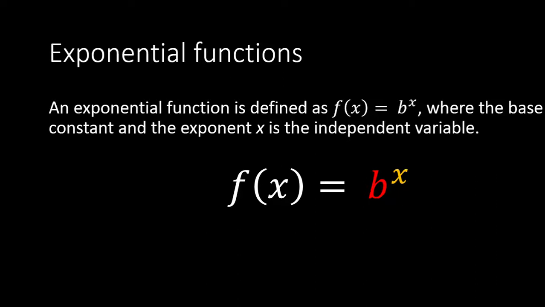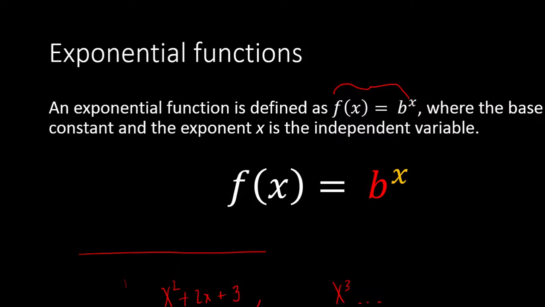Exponential functions are defined by this function, f of x equals b to the x, where b is a base or a constant and x is the exponent. Notice that this is different from what we are used to seeing. We've seen many equations in the past where we might have something that says x squared plus 2x plus 3 or x cubed or something like that, but it was always the case that x was your base.